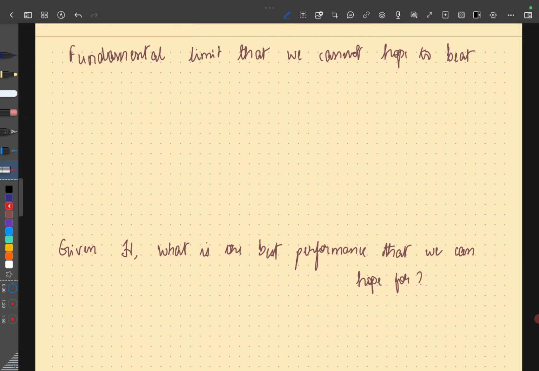Then what is the minimum risk that you can hope to achieve, assuming you're free to choose your hypothesis class as you want? Because this gives a fundamental lower bound to what can ever be done using any choice of hypothesis class or anything else.